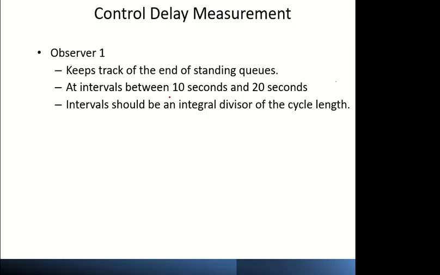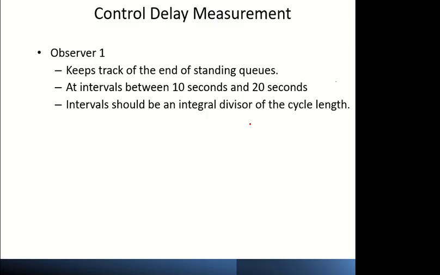Now let's say I select 11 seconds. 11 seconds is between the given interval of 10 and 20, so it is in range, but if I divide 60 seconds by 11, it will not give me an integer, it will be 9 point something. So that means 11 cannot be taken here.